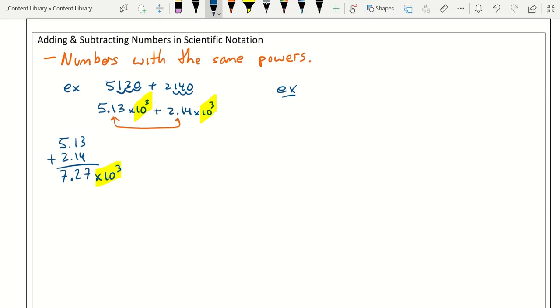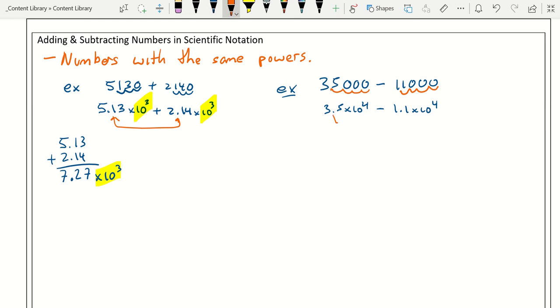All right, so let's draw another example. 35,000 minus 11,000. We can convert this into scientific notation. So we count out 1, 2, 3, 4. This one also is 1, 2, 3, 4. And so we end up with 3.5 times 10 to the 4 minus 1.1 times 10 to the 4.